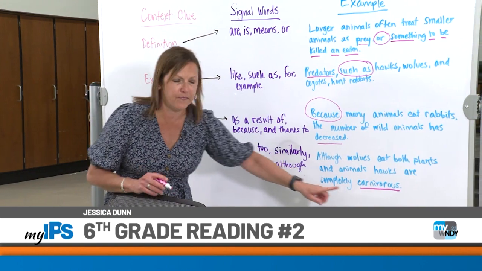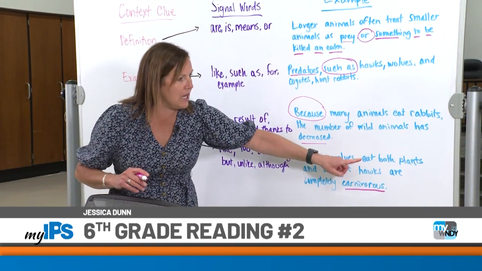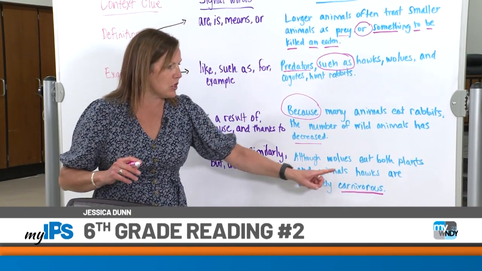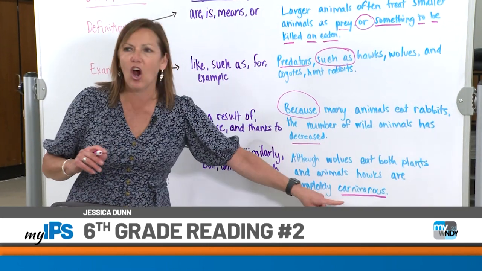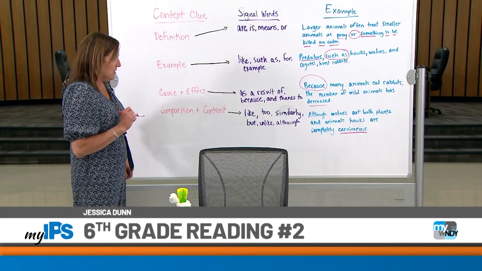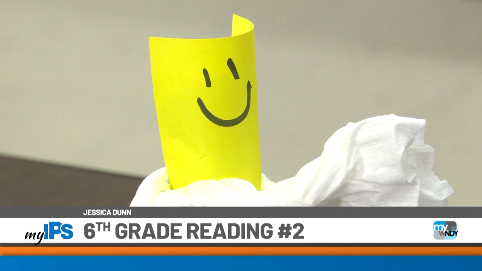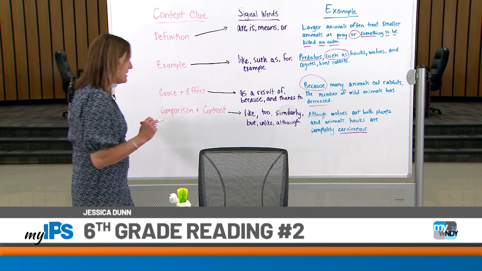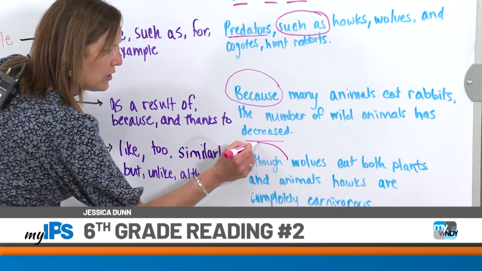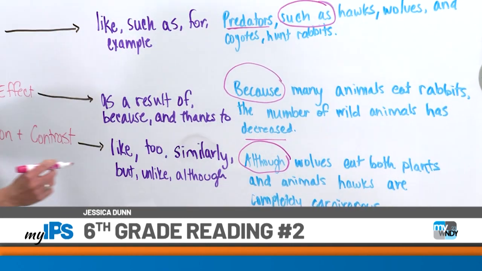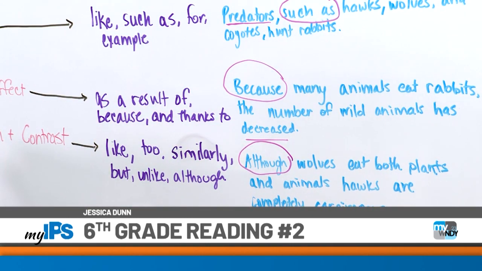Okay, carnivorous. Although wolves eat both plants and animals, hawks are completely carnivorous. So, Jorge, yep, you got this. You got it. The signal word is although. Although is the signal word. And so with although, it's going to help us.